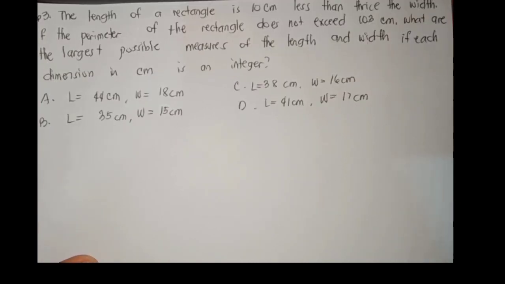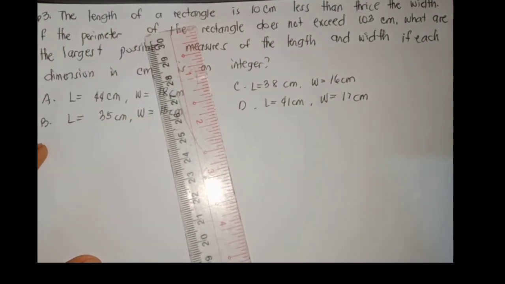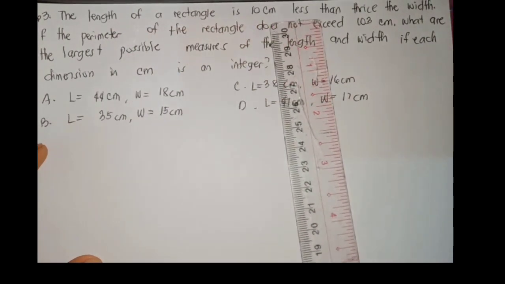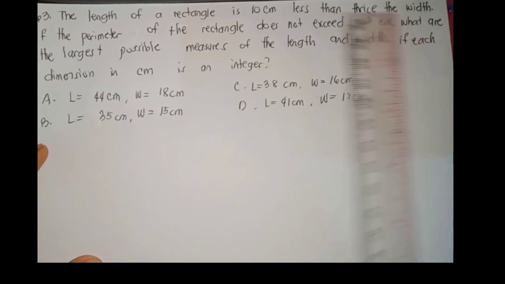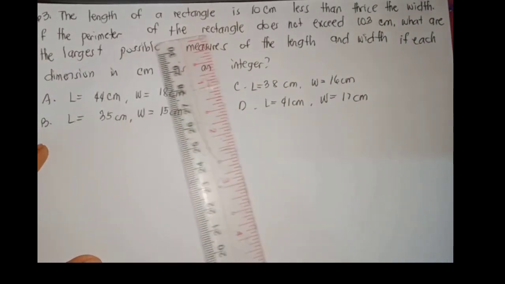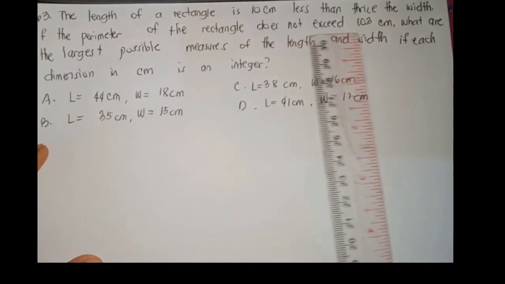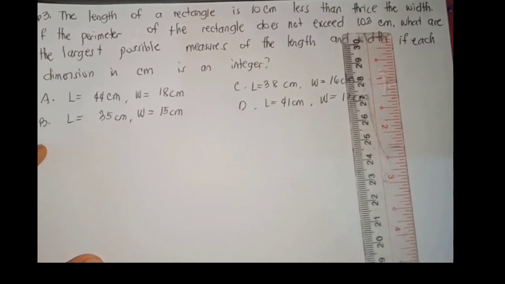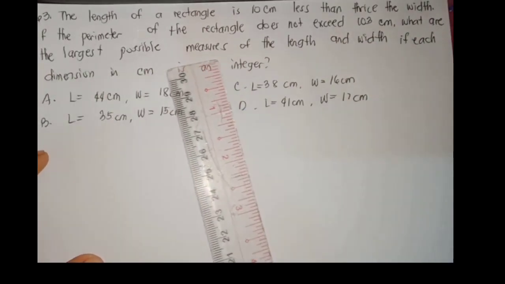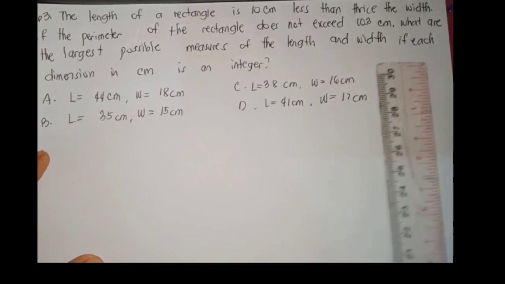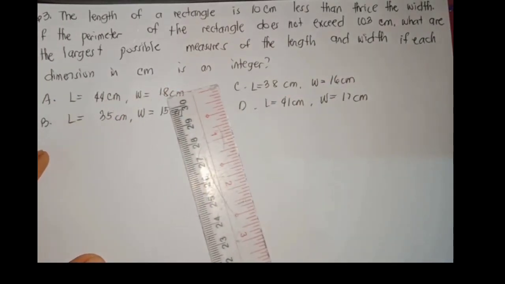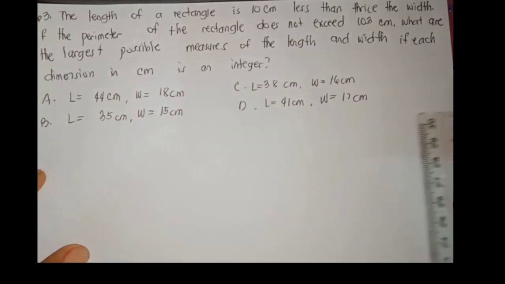Okay, let us proceed with the next question. The length of a rectangle is 10 cm less than thrice the width. If the perimeter of the rectangle does not exceed 103 cm, what are the largest possible measures of the length and width if each dimension in centimeters is an integer?